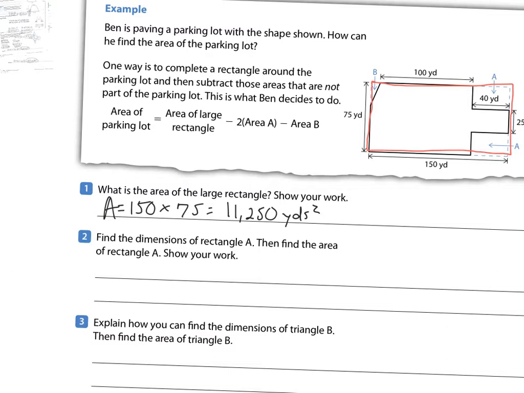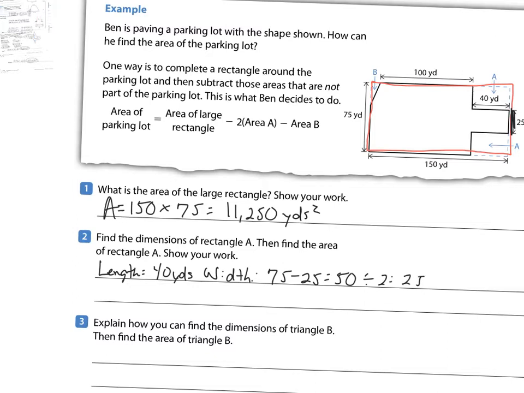Number 2, find the dimensions of rectangle A, then find the area of rectangle A. Show your work. The length of rectangle A is 40 yards. It's given. The width, we have to do a little bit more work to find. The width is going to be the total width of the rectangle, which is 75, minus this part of the rectangle here, which is 25, which gives us a width of 50, but because there are 2 rectangle A's, we need to take that and divide it by 2.